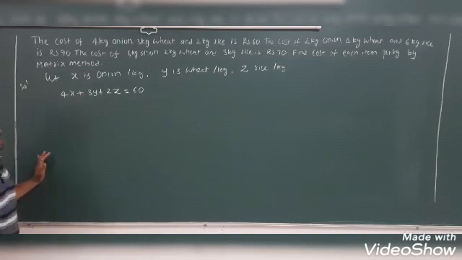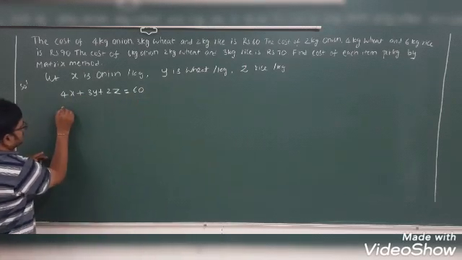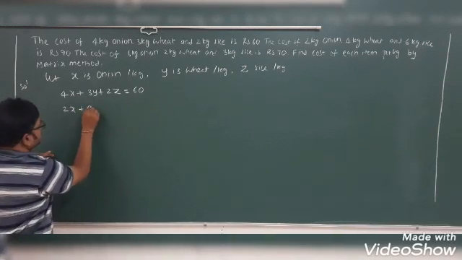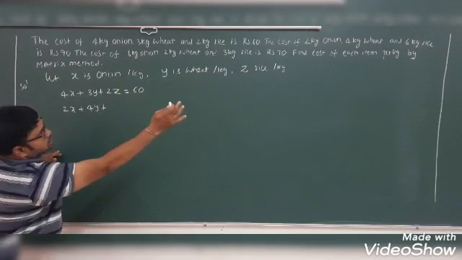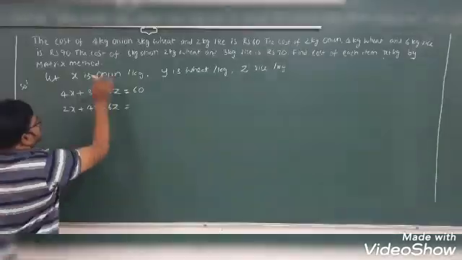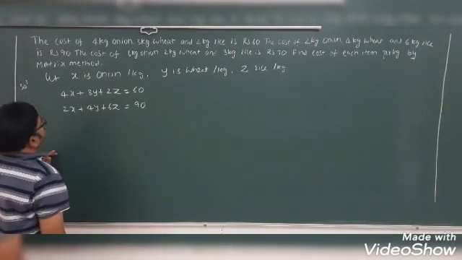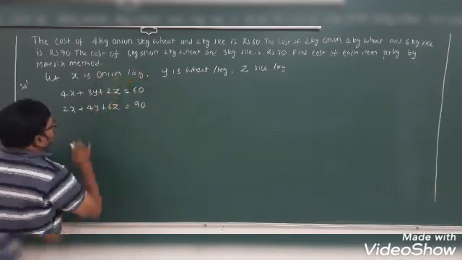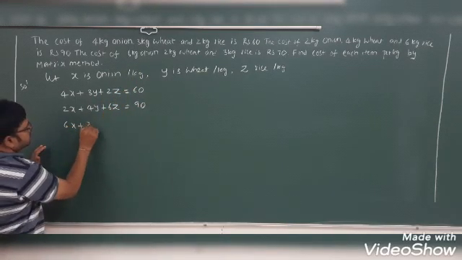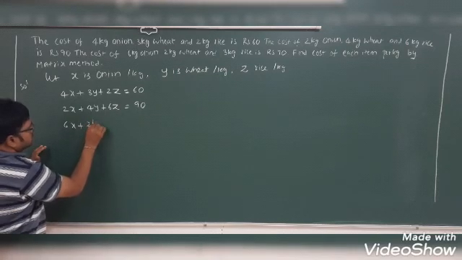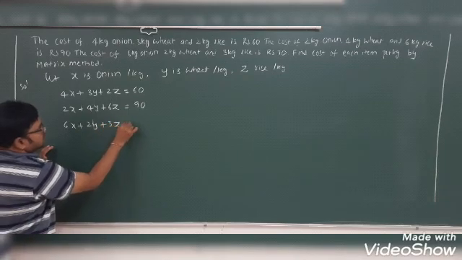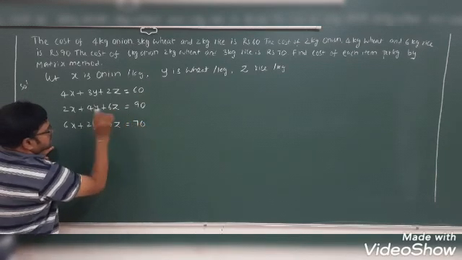And the second one is the cost of 2 kg onion, 2x, and 4 kg beet, 4y, and 6 kg rice, 6z is equal to 90 rupees. Next, the cost of 6 kg onion, 6x, and 2 kg beet, 2y, and 3 kg rice, 3z equal to rupees 70.